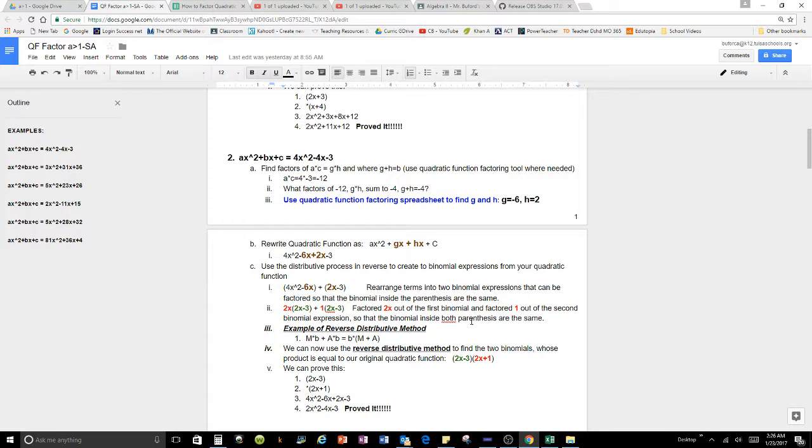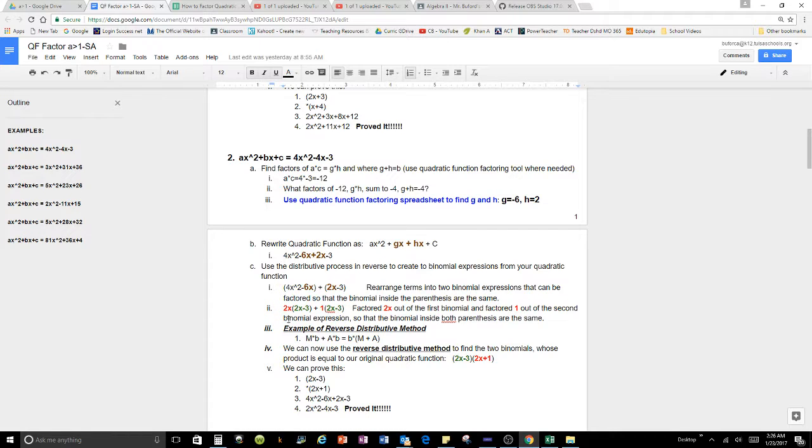And so again, we have the situation where we can use the reverse distributive method to come up with our two binomial expressions. What you have to do is look at this reverse distributive method example here. The b's represent the 2x minus 3.